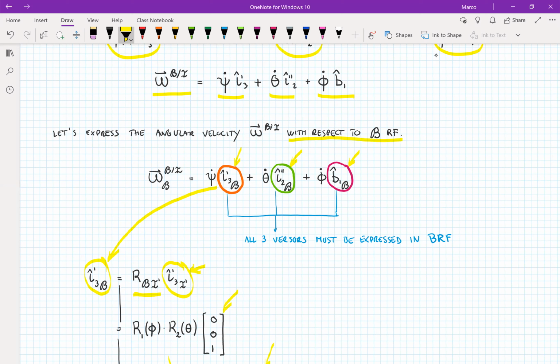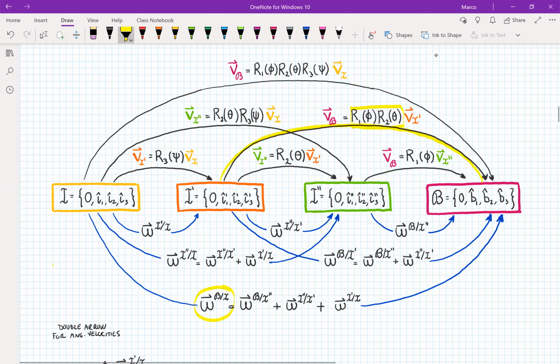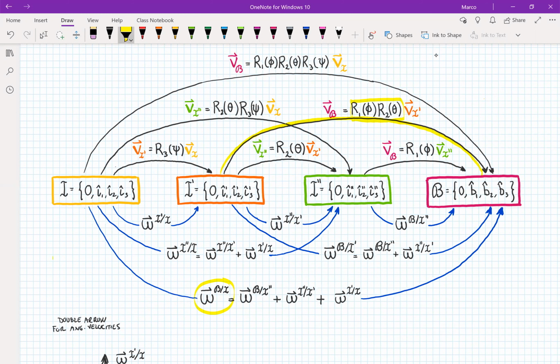So now we have I2 double prime that has to be expressed in the body reference frame coordinates. How do we get from I double prime to B? Well, let's also take a look at our useful summary over here. From I double prime, we go to B by applying a single rotation about the x-axis, a rotation of the angle phi.